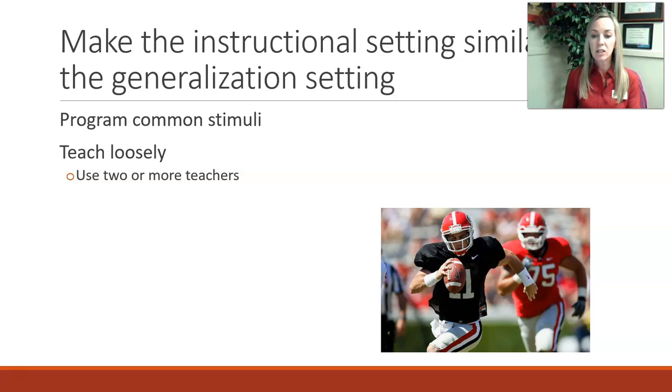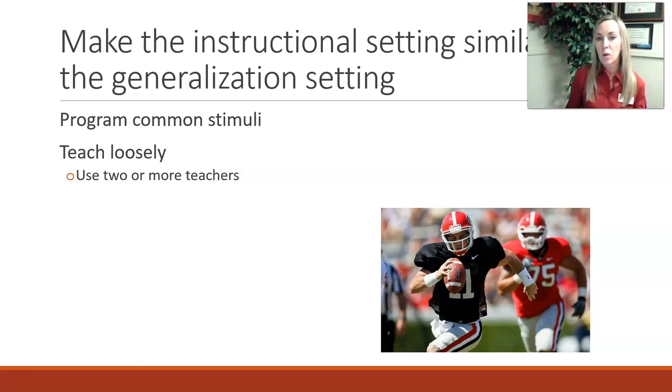And then in terms of teaching loosely, we need to randomly vary non-critical aspects of the instruction. For example, a student with a history of receiving reinforcement for complying with teachers' directions when they are given in a loud voice and accompanied by a stern facial expression may not follow directions that do not contain one or both of those non-critical variables.